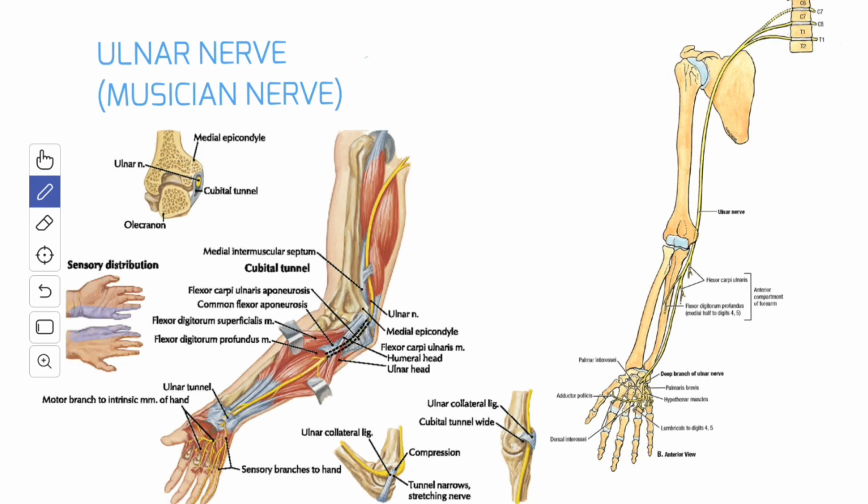We have discussed the root values of the ulnar nerve. Now we will discuss the course of ulnar nerve. So the ulnar nerve enters into the arm through axilla. It passes distally from axilla anterior to the insertion of teres major. Teres major originates from the scapula, and its insertion is on the medial lip of the humerus.